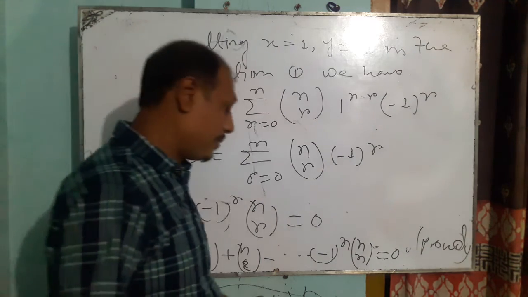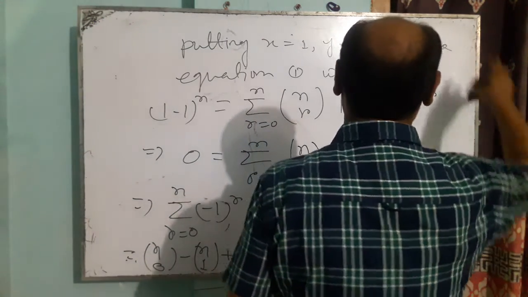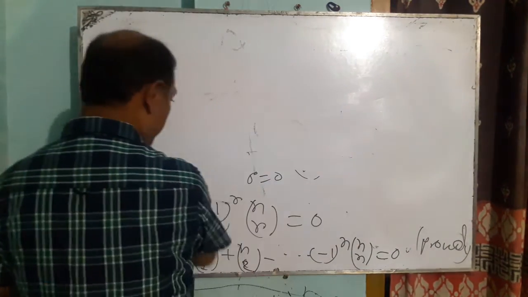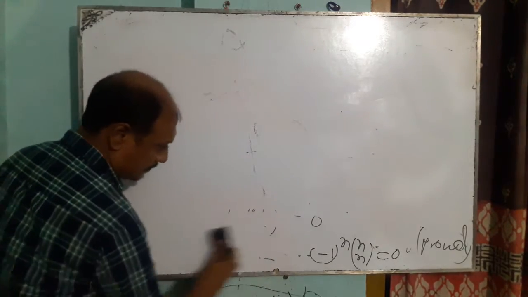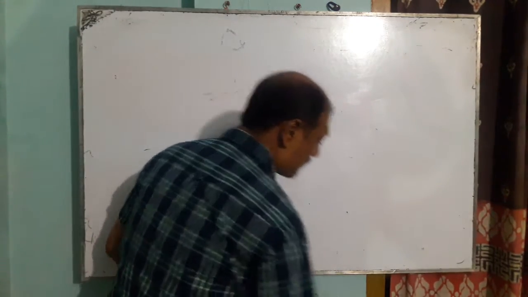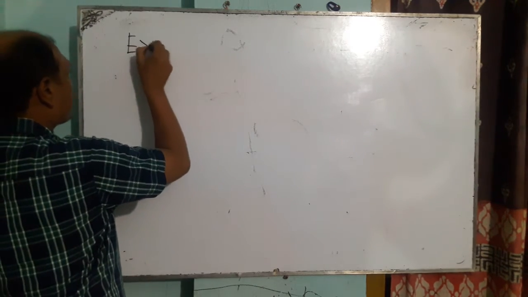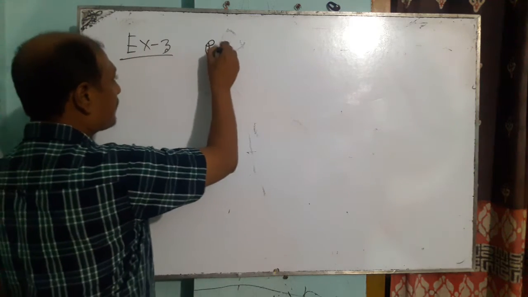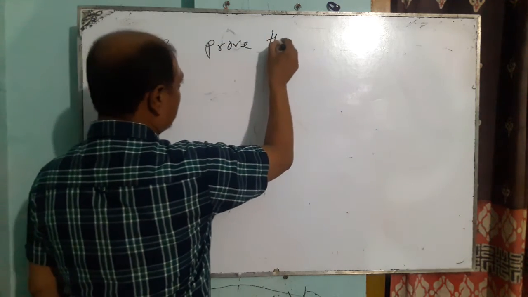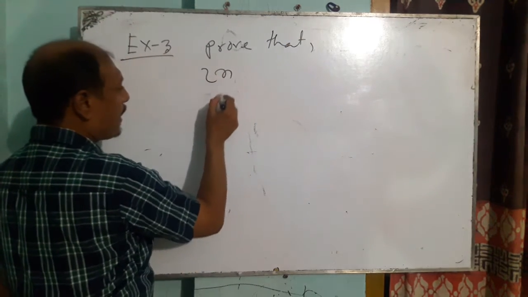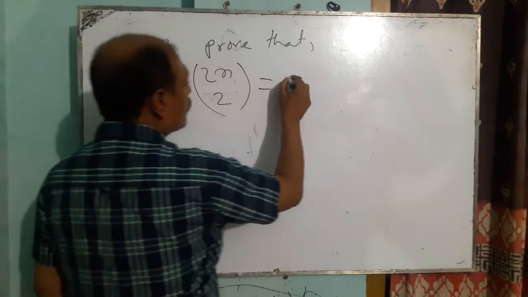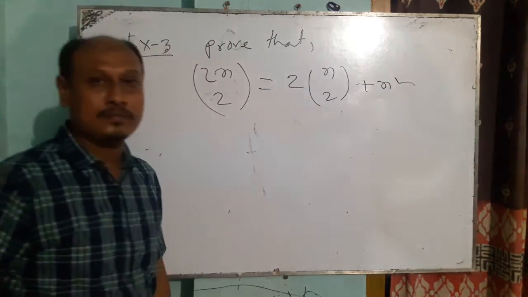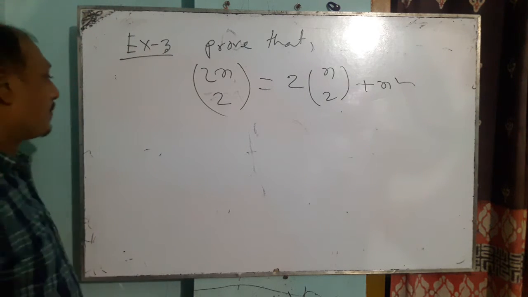Now I will solve problem 3. Example 3. Prove that 2nC2 equals 2 times nC2 plus n square. Solution.